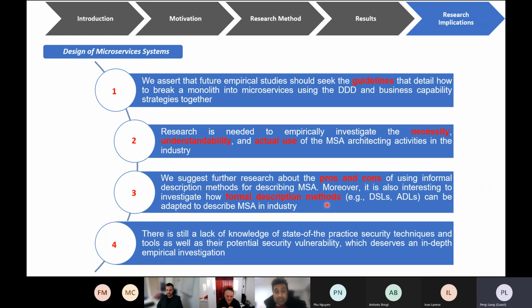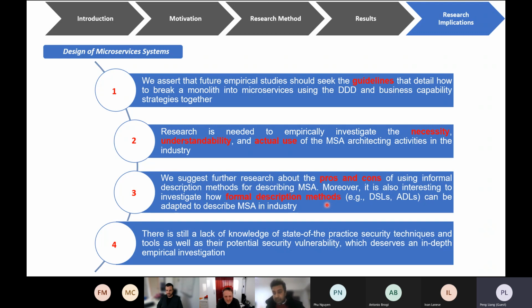Another example: a guide on how to break a monolith into microservices using DDD and business capability. To the best of my knowledge, I did not see any study that provides guidelines to practitioners for combining domain-driven design and business capabilities.